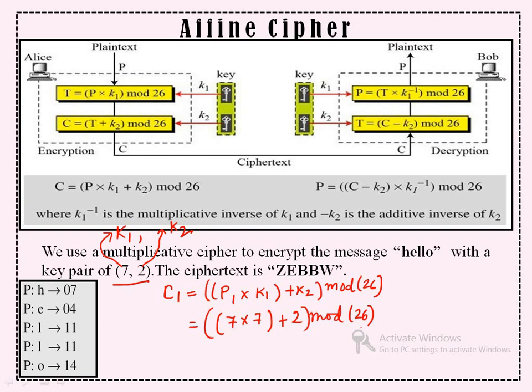Am I okay with this? Anyone any doubt with this? Encryption is relatively easier, but the only thing is the alignment of K1 and K2.